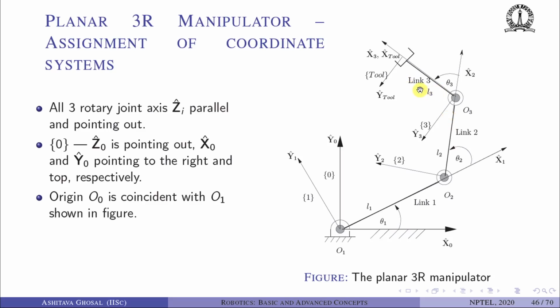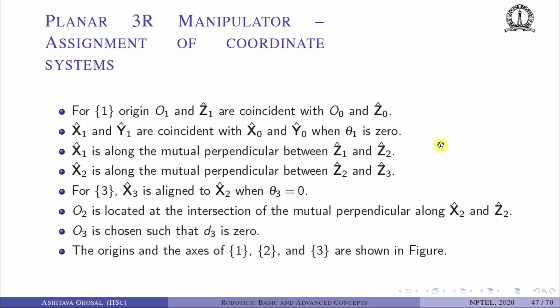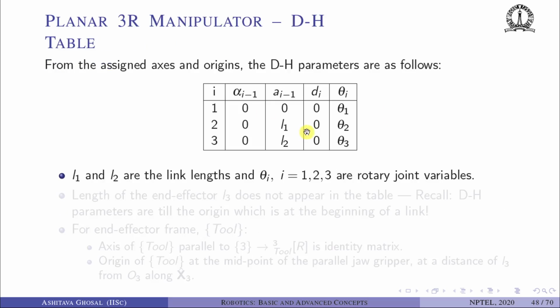The link length of 3 is actually this distance L2. So that is what the DH convention is showing. So for i equals 3, L2 is here. Actual L3 doesn't show up anywhere in these DH parameters, the distance L3. That we will see later.